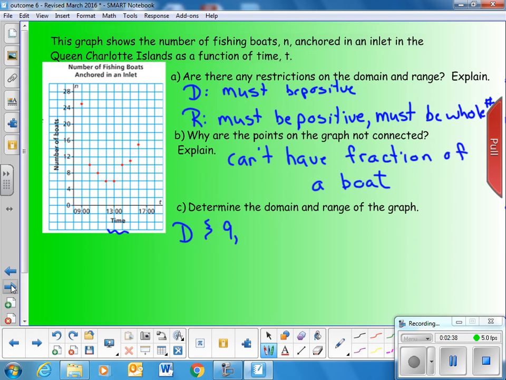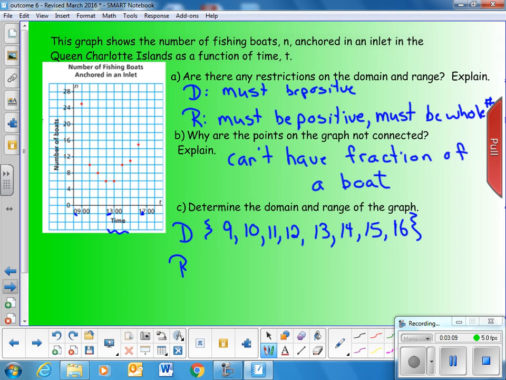We have data points at 10, 11, 12, 13, 1400 hours, 15, and 16. And that's our last data point. I've just written out the first numbers instead of writing out the zeros at the end.